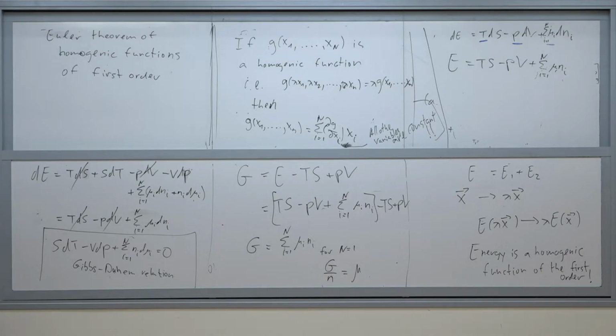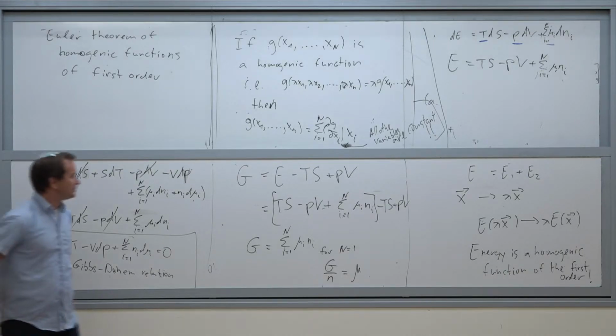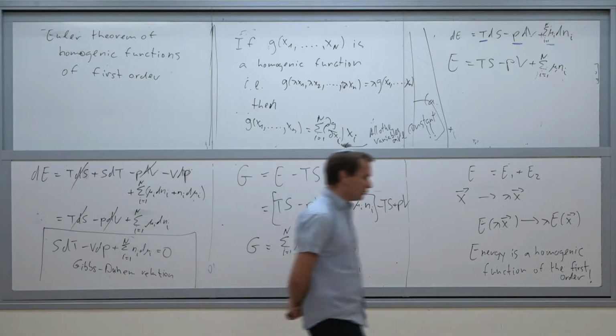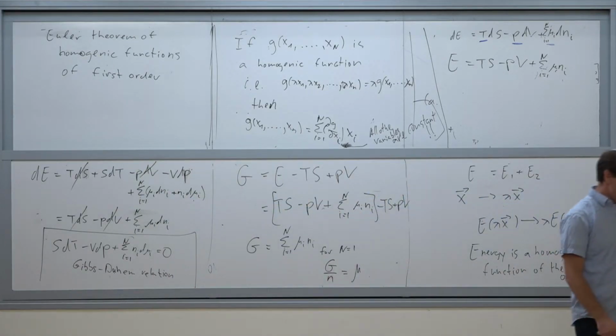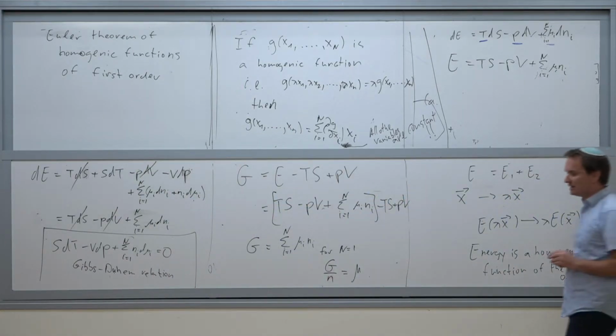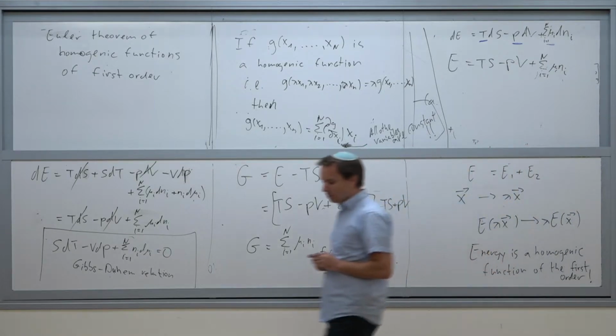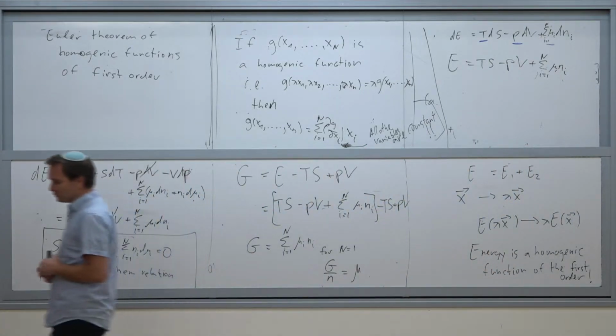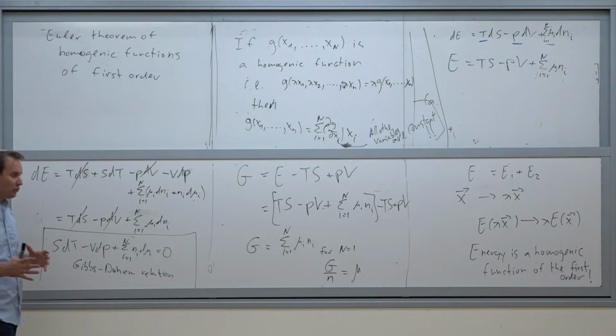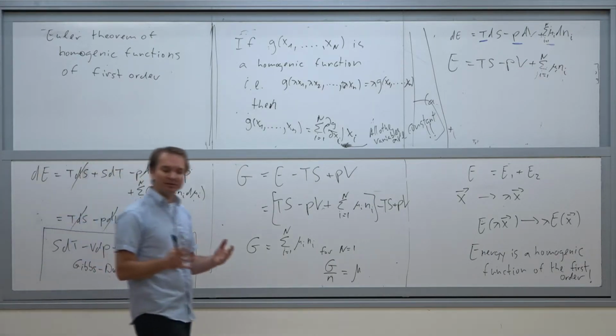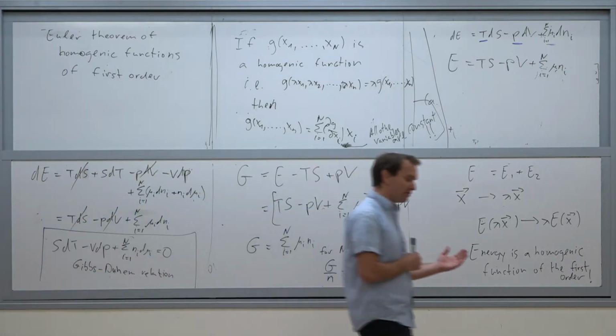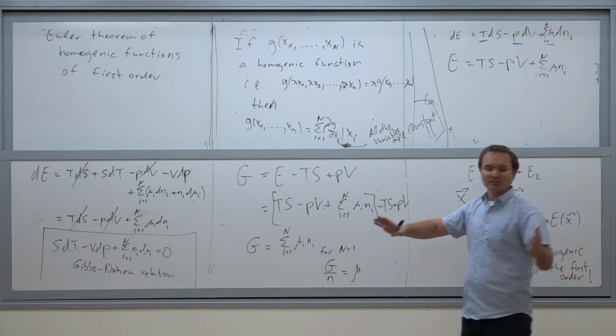Now, up to this part was classical thermodynamics. Everything is continuous. You change the value of your parameters a little bit, you obtain a different functional state. Everything is related to everything.